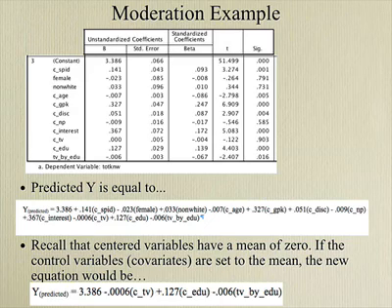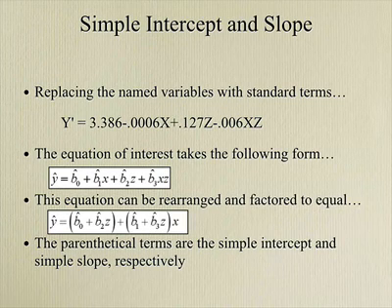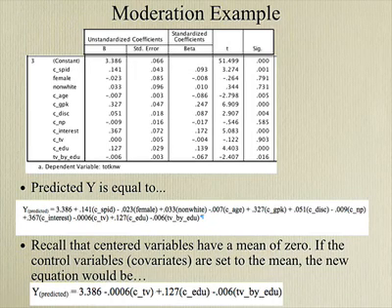So we end up with this equation where we have the intercept, and then we have the slope, or B, for television. Another word for that would be the slope. We have the slope for education, and then we have the slope for the interaction term. So far, so good? I could just get rid of these names to simplify things.